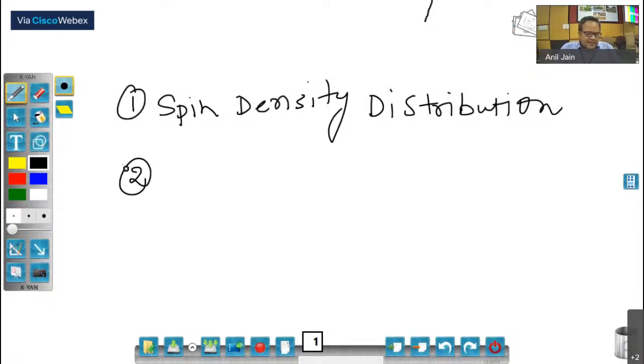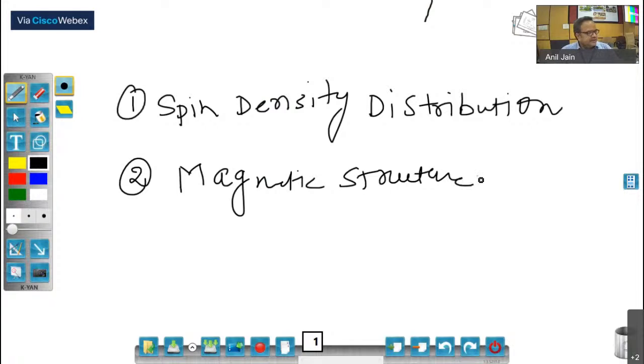Suppose you have a ferromagnetic structure and the moment size is very small. You can determine those kinds of magnetic structures. And when you do an inelastic neutron scattering experiment, which will be covered in the next sessions, if you use polarized neutrons, you can separate the magnetic contribution from the nuclear contribution.